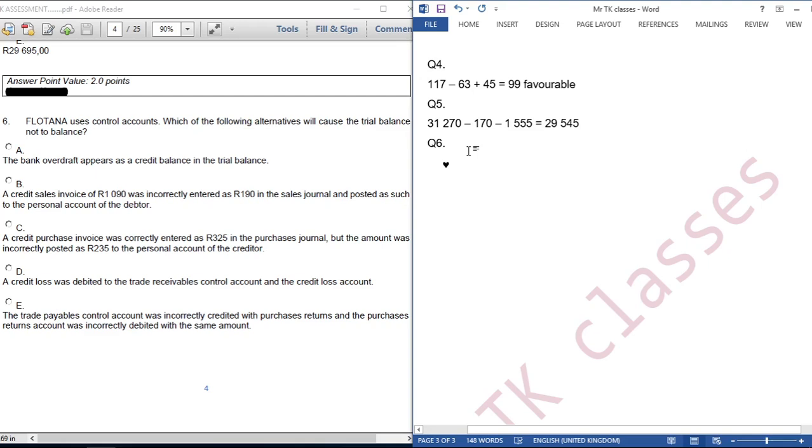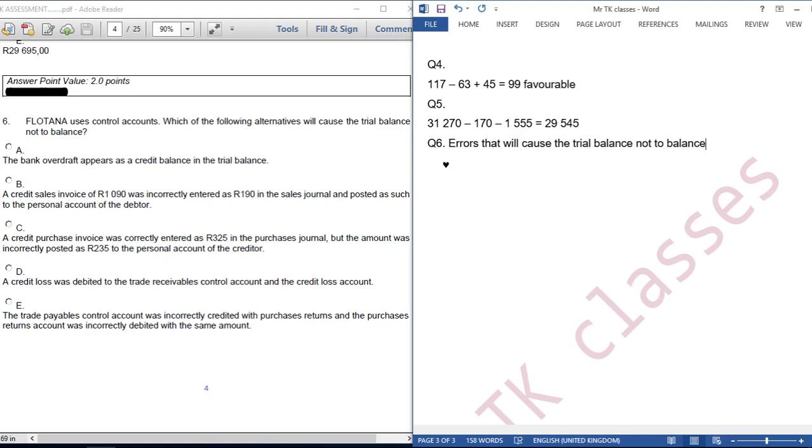All right, question 6. Errors that will affect the trial balance. Errors that will cause the trial balance not to balance.